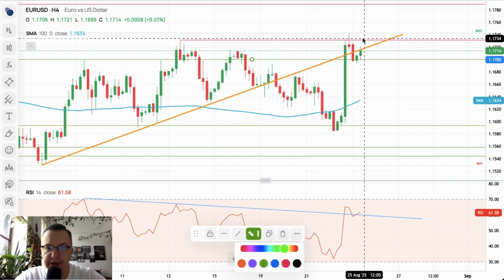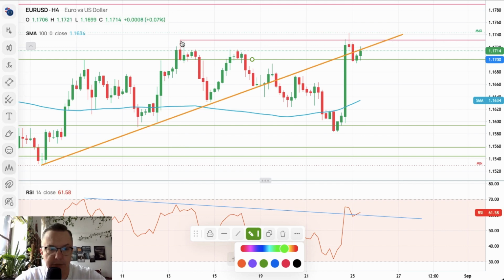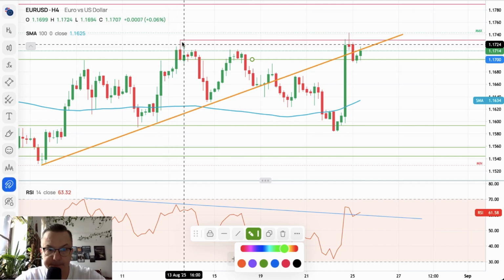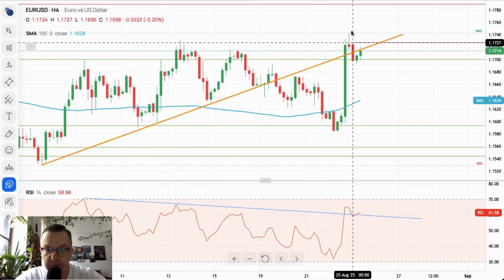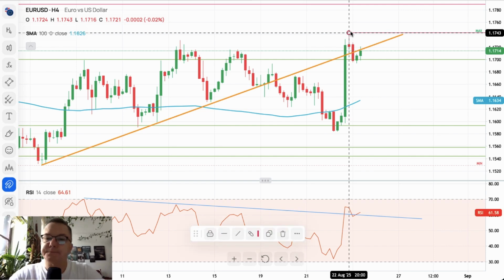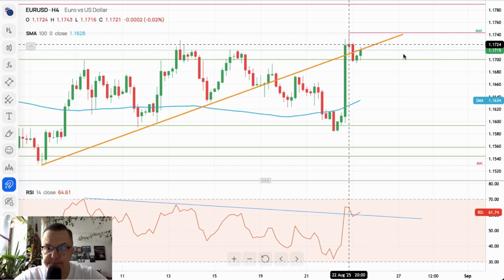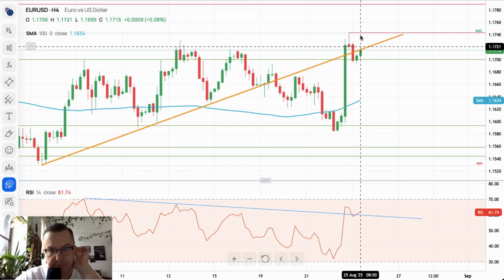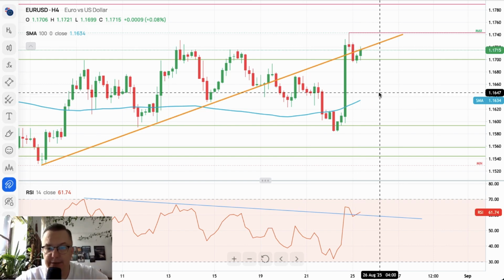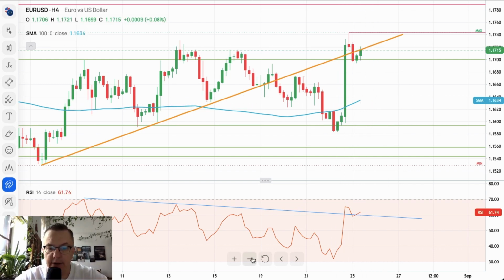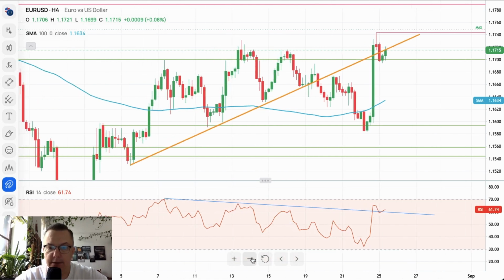In that situation, let's move our technical resistance level to the newest local technical resistance, the established level of 1.1743, as the new intraday target for the bulls.